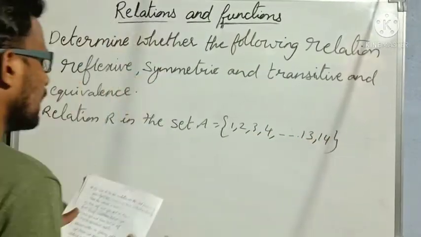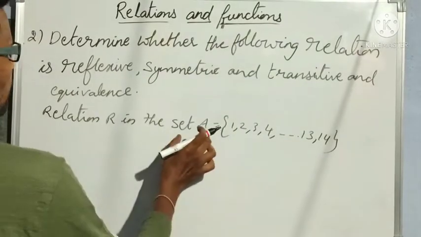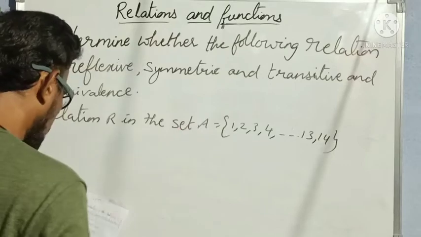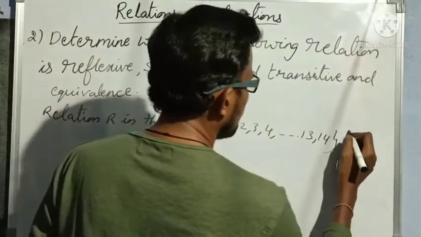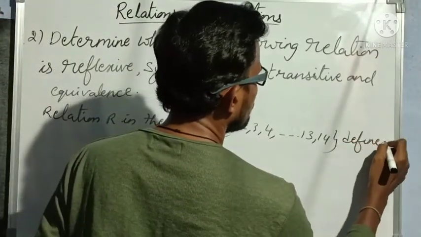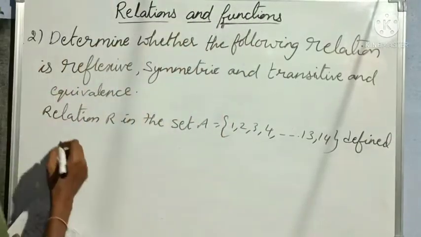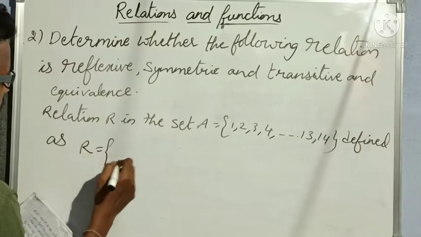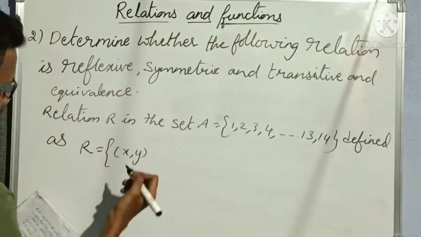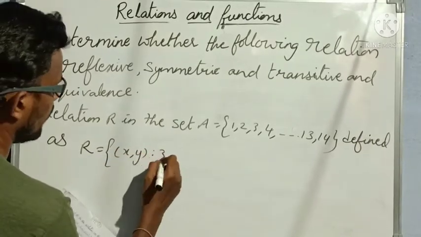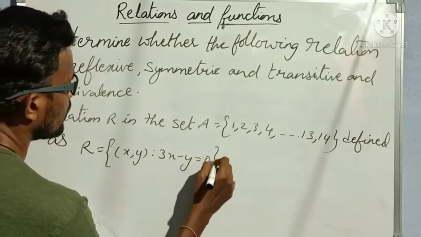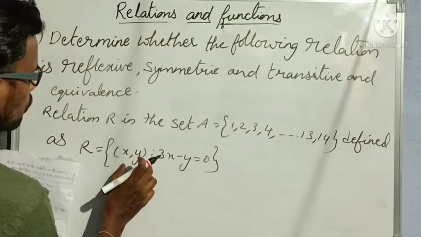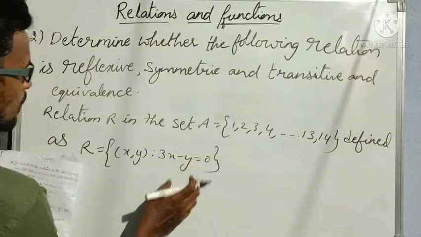Okay, these are the elements of set A. So we have to define a relation from set A to A only, defined by R equals {(x, y) such that 3x minus y equals 0}. Means our ordered pair (x, y) should satisfy this condition, that is 3x minus y equals 0.